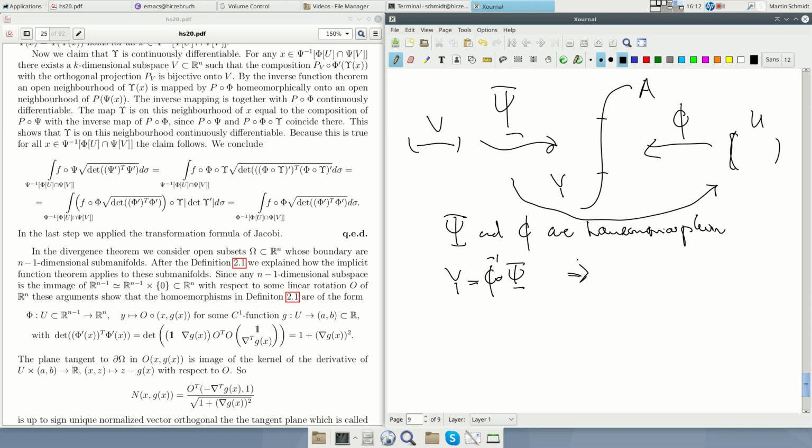And then we clearly have that if we compose phi with epsilon, this is the same as psi.